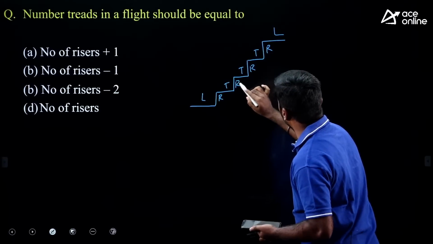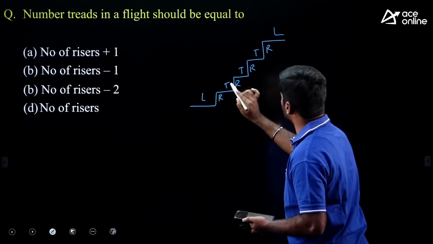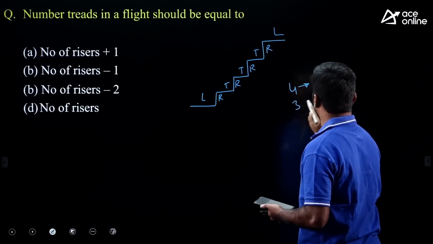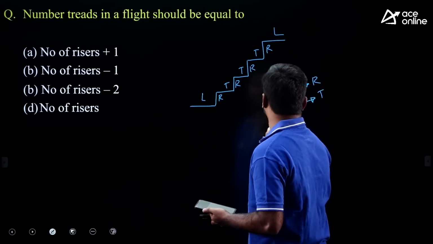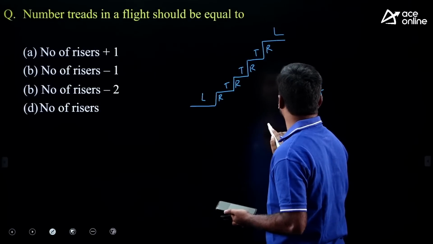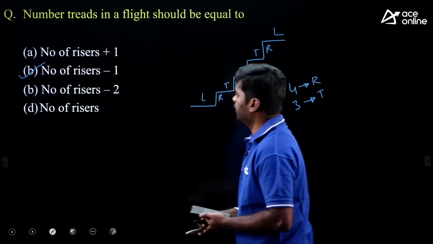Now count: 4 risers. Next treads: 3 treads. Number of treads is equal to number of risers minus 1. Option B is correct.